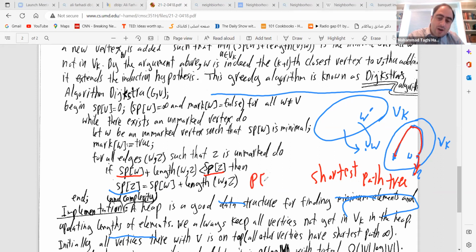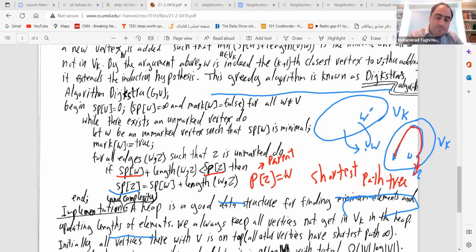Here we put the path of Z equal to W. You can also call this the parent of Z. It means the path through W is shorter, so the parent of Z in this shortest path tree would be W.